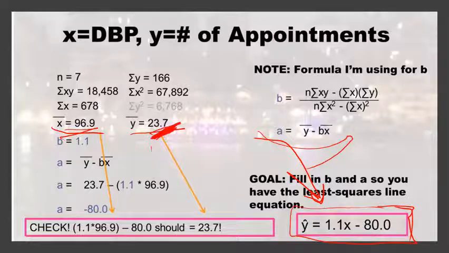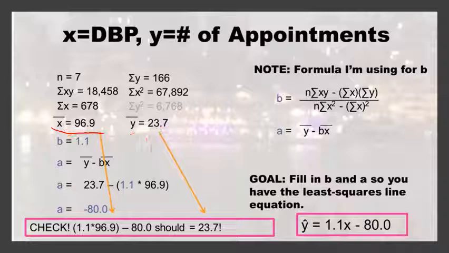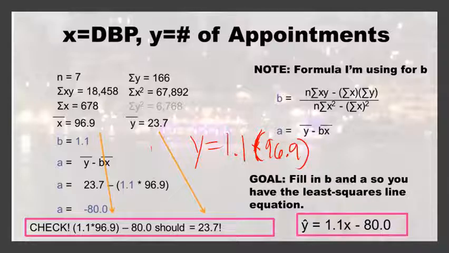So this is what it would look like. You would go y equals 1.1 times, or let's be grown-ups, 96.9, right?